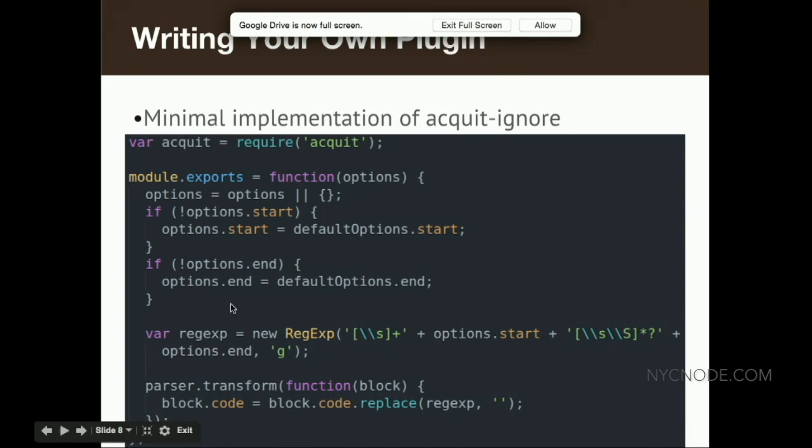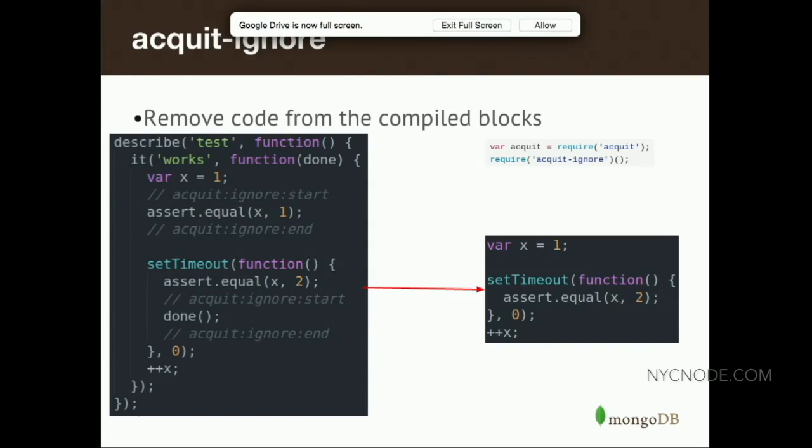Basically, Acquit itself has a handy transform function that lets you define a transform that gets executed every time you call parse, for every single individual block. So it'll get executed on every describe call and every it call. This will enable you to transform the code and get rid of everything between Acquit Ignore start and Acquit Ignore end.